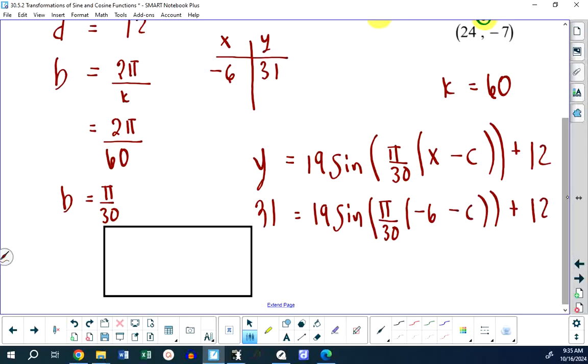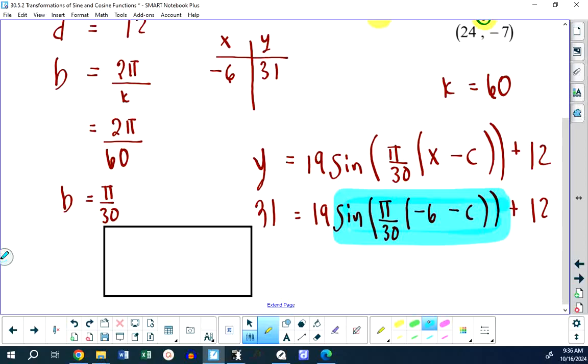And what we want to do, everybody, is rearrange this. We're going to actually solve this equation for C. I'm going to have to subtract 12 from both sides, correct? And then I'm going to have to divide both sides by 19. Do that for me.